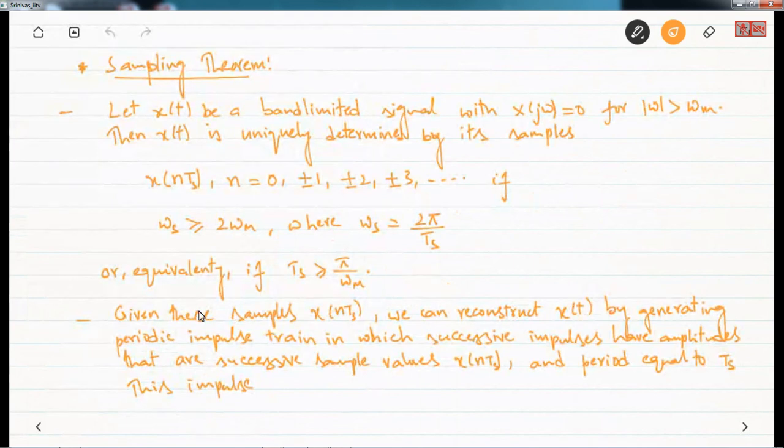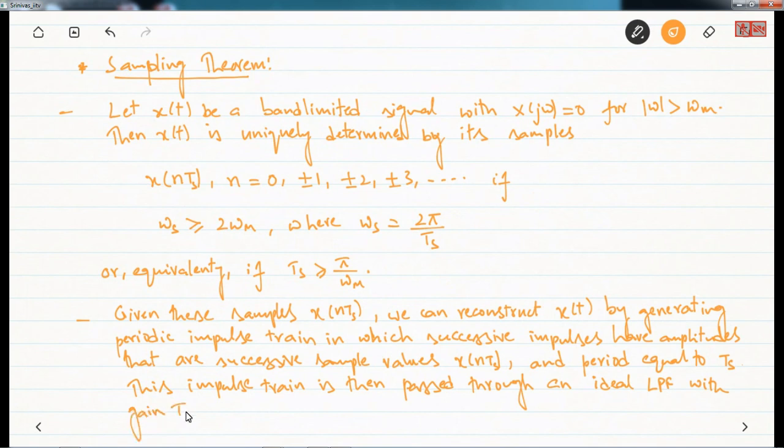This impulse train is then passed through an ideal LPF with gain Ts and cutoff frequency omega c, where omega c satisfies this constraint: omega m less than omega c less than omega s minus omega m.